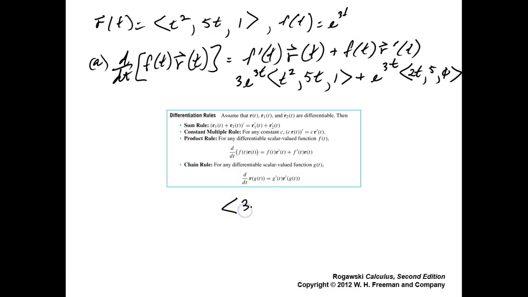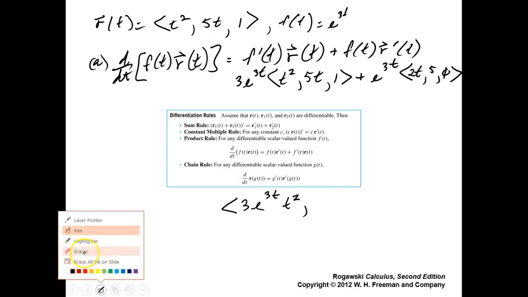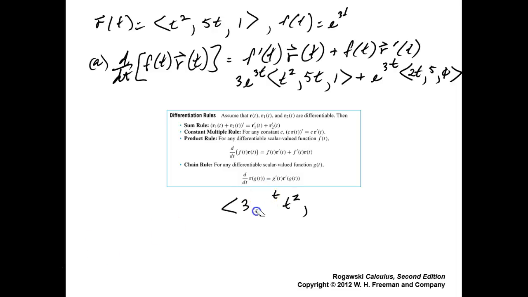Okay, 3e to the 3t times t squared, comma, now, that was perfectly fine, but I just don't like the way it looks. So I'm going to change this ever so slightly to be 3t squared e to the 3t. Okay.